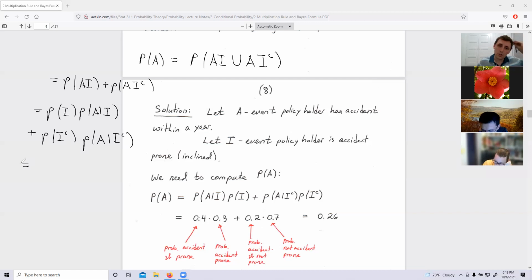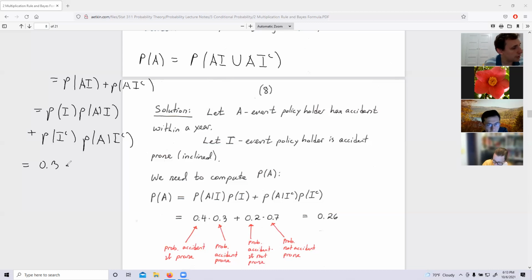So what is the probability of being inclined? Probability of being inclined is 0.3, correct? It's 0.3.